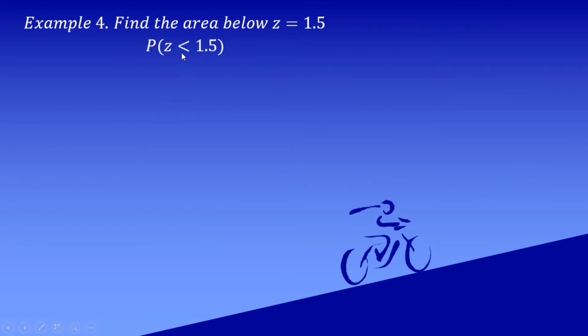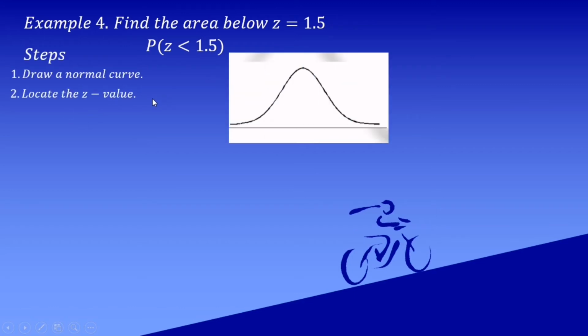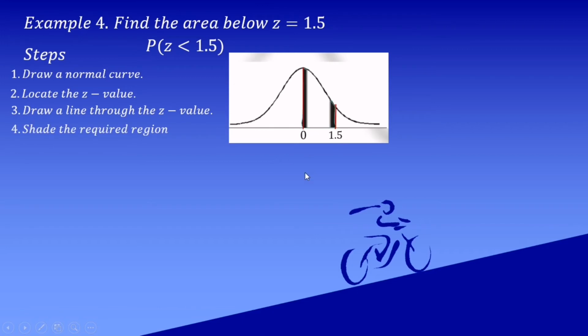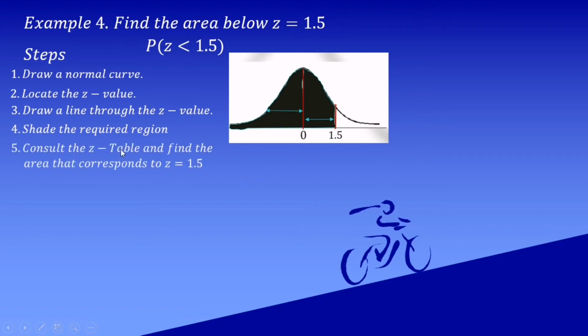The probability notation, z is less than 1.5. So we have here the normal curve, then locate the z value. Since this is positive, it is at the right side, then draw a line through the z value. Since we are using the term below, our shaded region is from 1.5 pababa. So we are interested in this shaded region to find the area. Okay, so we have two parts here, 0 to 1.5 and half of the normal curve.